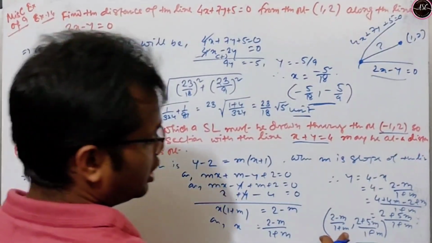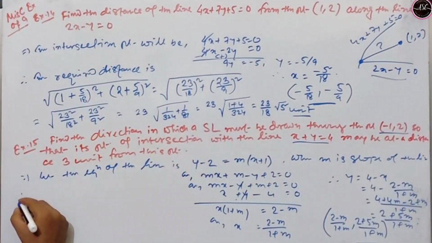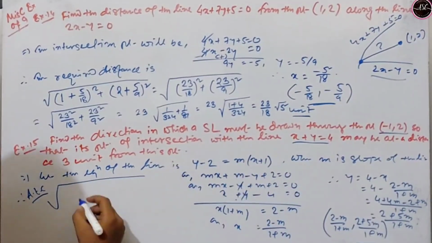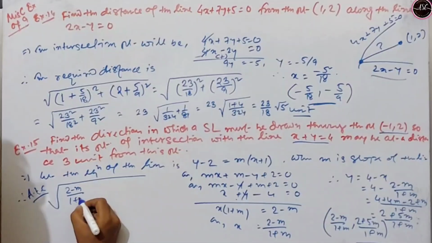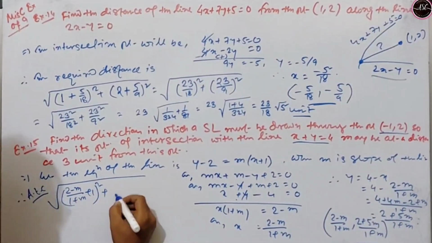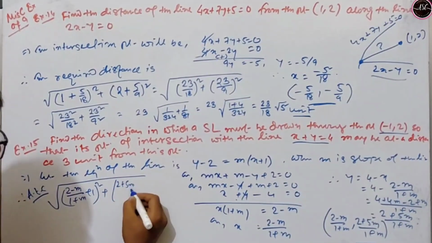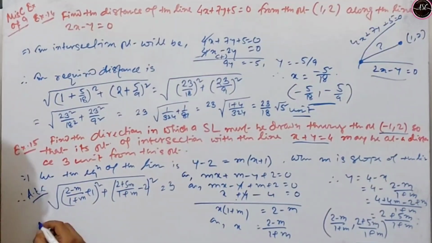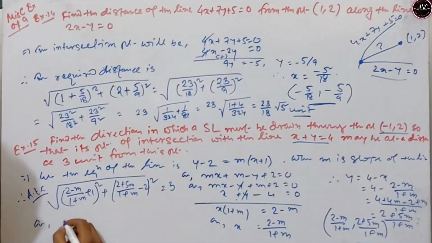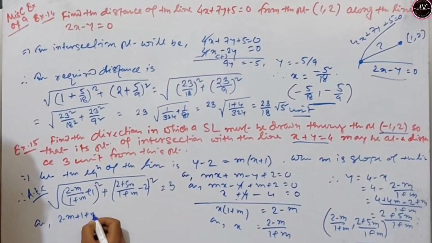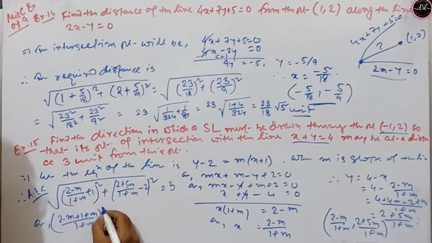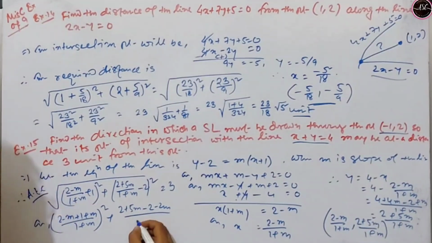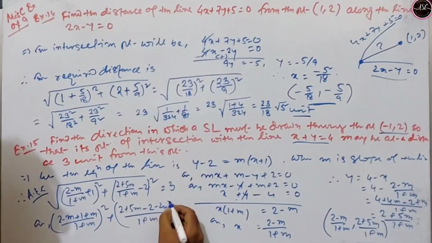So the distance between this point of intersection and this point will be 3. Therefore, according to the condition, we have root over x2 minus x1, that means 2 minus m divided by 1 plus m plus 1 whole square, plus 2 plus 5m divided by 1 plus m minus 2 whole square, equal to 3. Just squaring both sides, we get 2 minus m plus 1 plus m divided by 1 plus m whole square, plus 2 plus 5m minus 2 minus 2m divided by 1 plus m whole square, equal to 9.